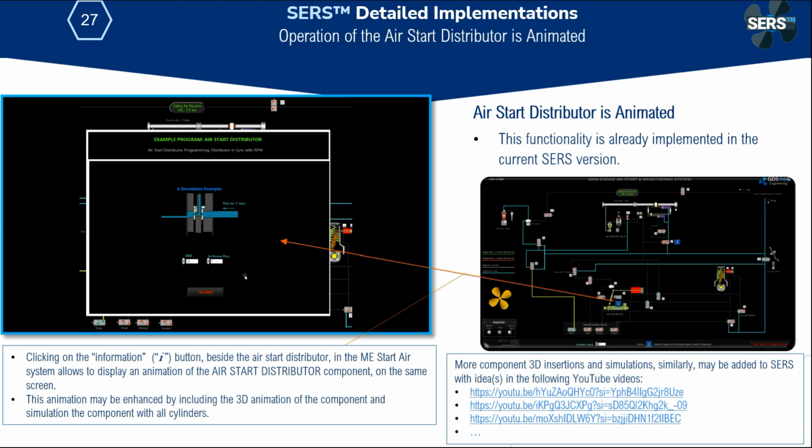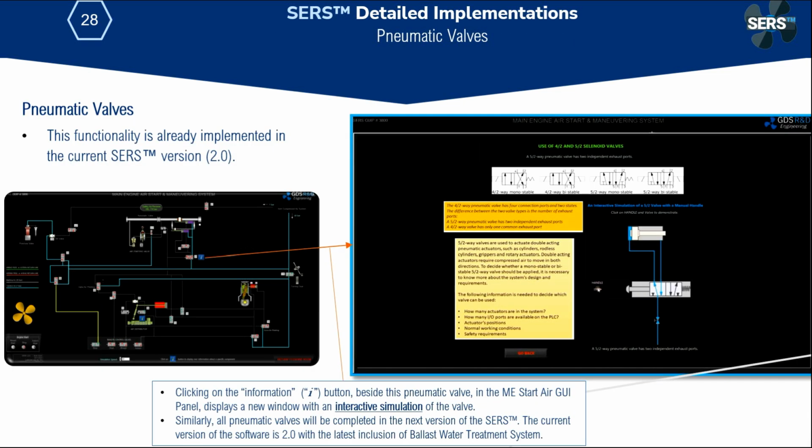One other thing that we don't see but need to understand in the engine room is how the air valves work. So this is an example of a distributor. This can be actually enhanced. I gave some YouTube video links here. People have started having many ideas, and we can incorporate them into the simulator, and we will do that.